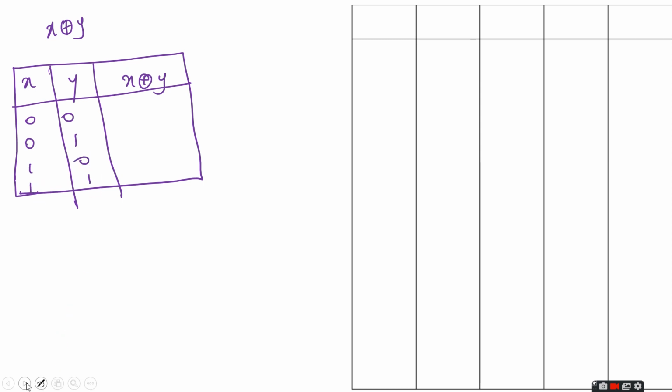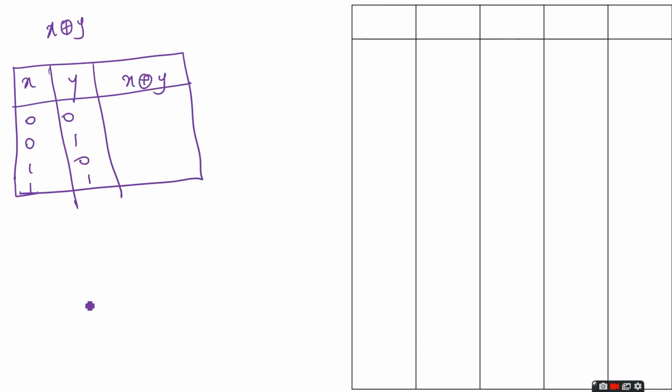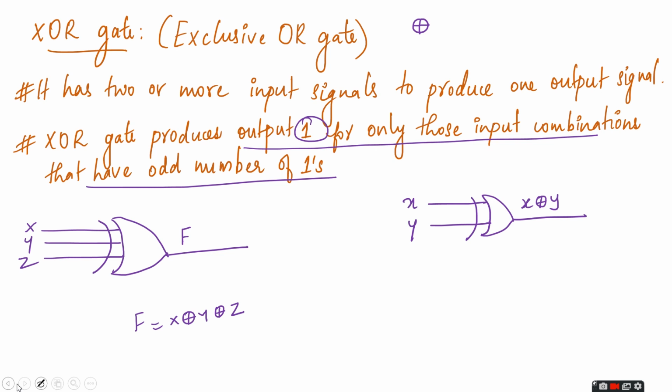Now, the exclusive OR gate will produce output 1 only for those input combinations that have an odd number of 1s. In the input combination, if there is an odd number of 1s, we will get the result as 1.